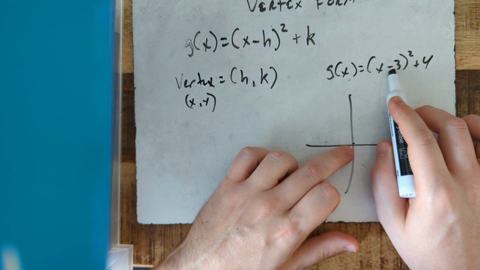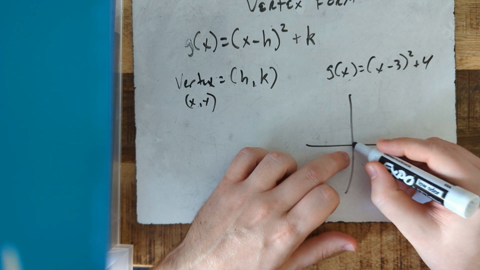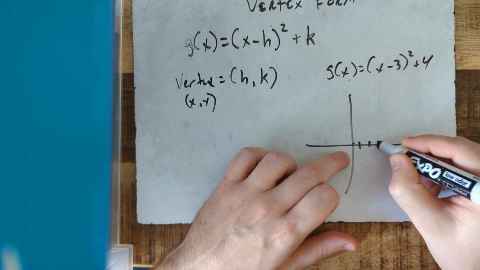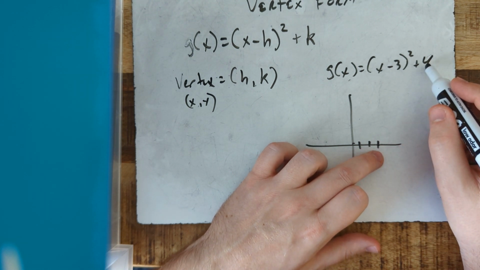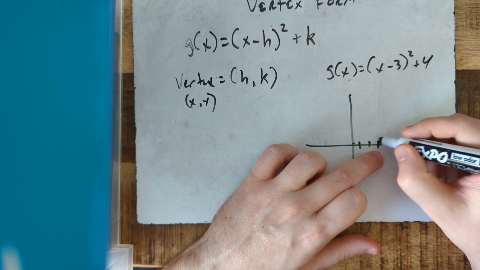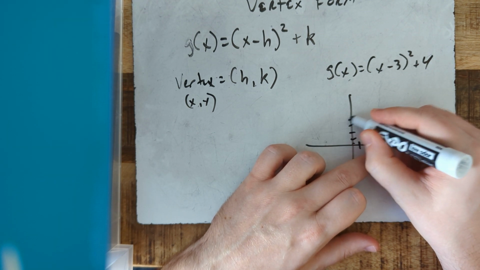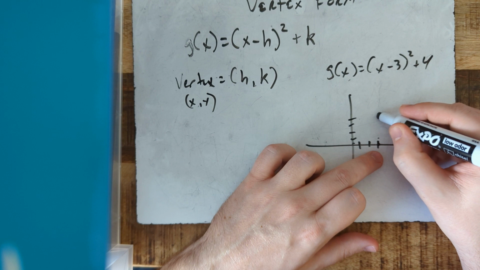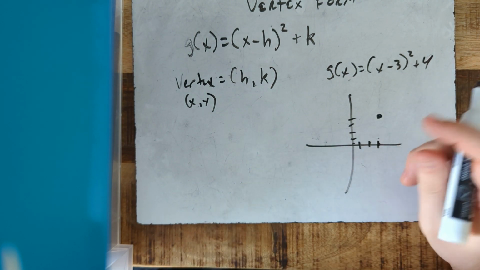It's a negative, which means we go to the right, and we go to the right 3. So starting at 0, we go right 1, 2, 3. Now, our k at the end is a positive 4. So from our 3 here, we go up 1, 2, 3, 4. That is our vertex.